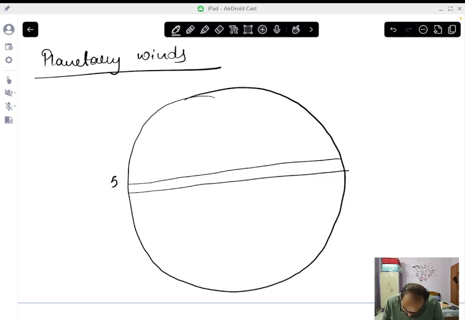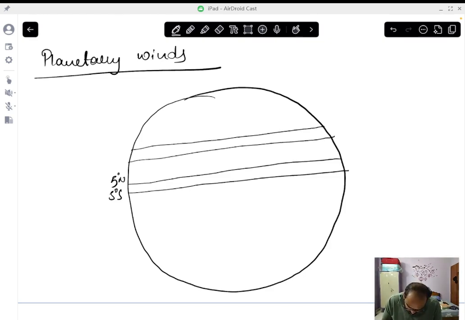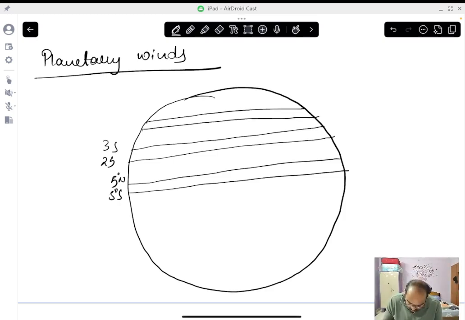5 degrees north to 5 degrees south. And 25 to 35 degrees subtropical. 55 degrees to 65 degrees, it is subpolar, and it is polar, 90 degrees.